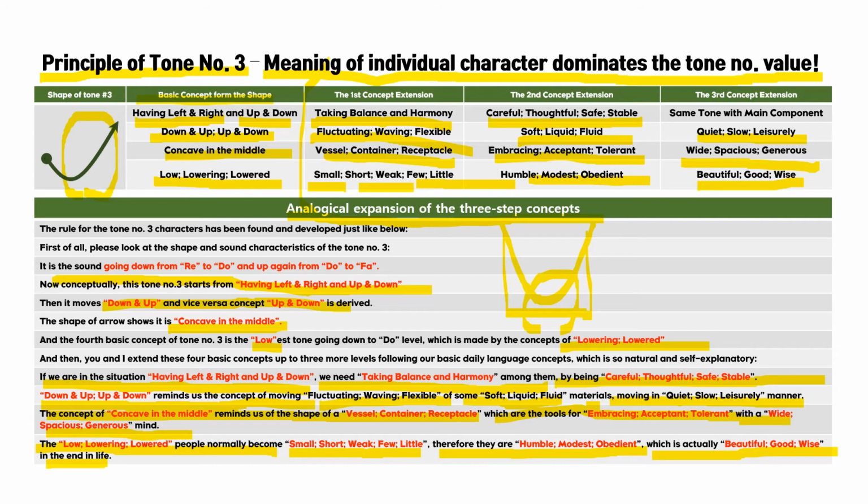So we can easily remember that the character has the value of tone number 3. For Chinese learners, it can be a guideline to easily and quickly catch the tone number principle for each character.